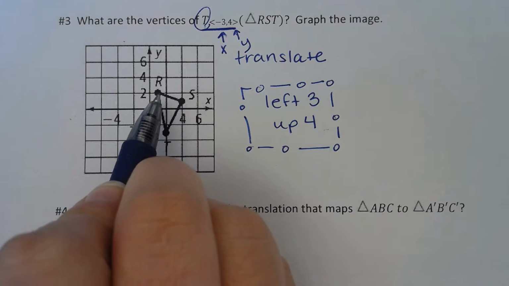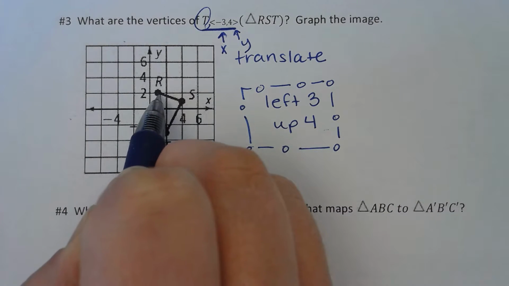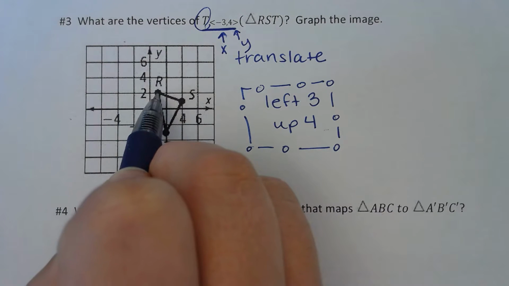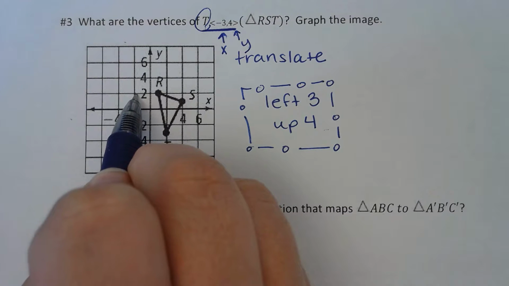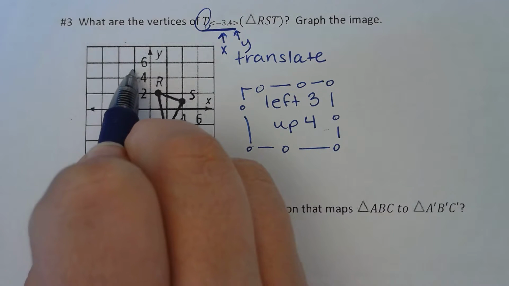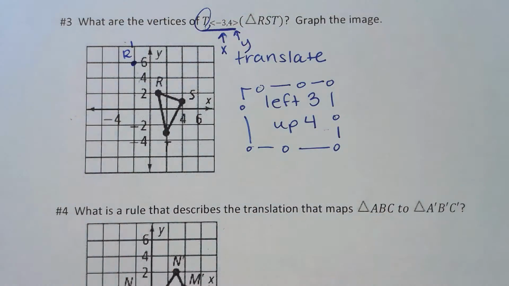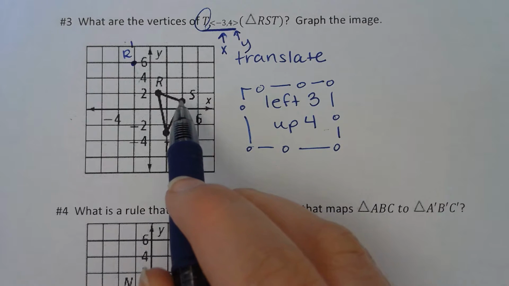Now you can do this by just taking each individual point and moving it in this way. So I'm going to take R. Notice my scale, okay, it's counting by 2s. So I'm going to go over 1, 2, 3, and then up 1, 2, 3, 4. So R is going to go there, and I'm going to name that R prime. I'm going to take point S. I'm going to do the same thing.